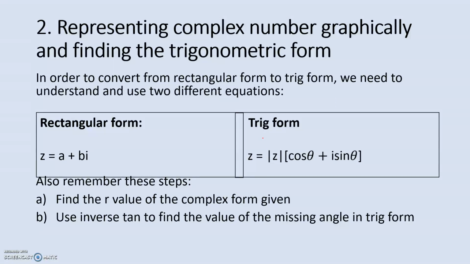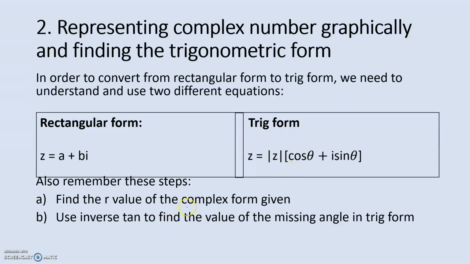Well, we of course use the formula, but we also need to understand 2 things. We need to find the value of r from the equation of the complex number, and we also need to use the inverse tan function to find the missing angle, because we will have to plug the values of r and the missing angle into the equation for trig form.